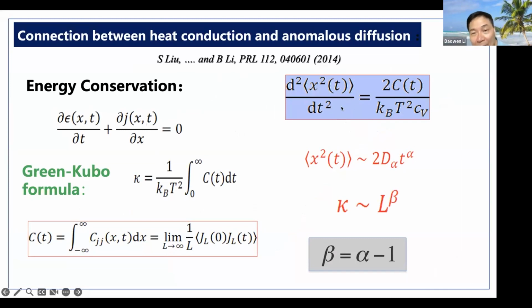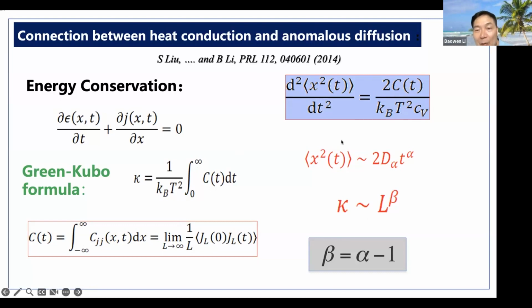On the left-hand side, we have the information for diffusion, because this is a mean square displacement. On the right-hand side, we have C(t), which is a heat flux correlation function. When you integrate C(t), you get the thermal conductivity. So this is a connection between diffusion in the general case and the thermal conductivity.